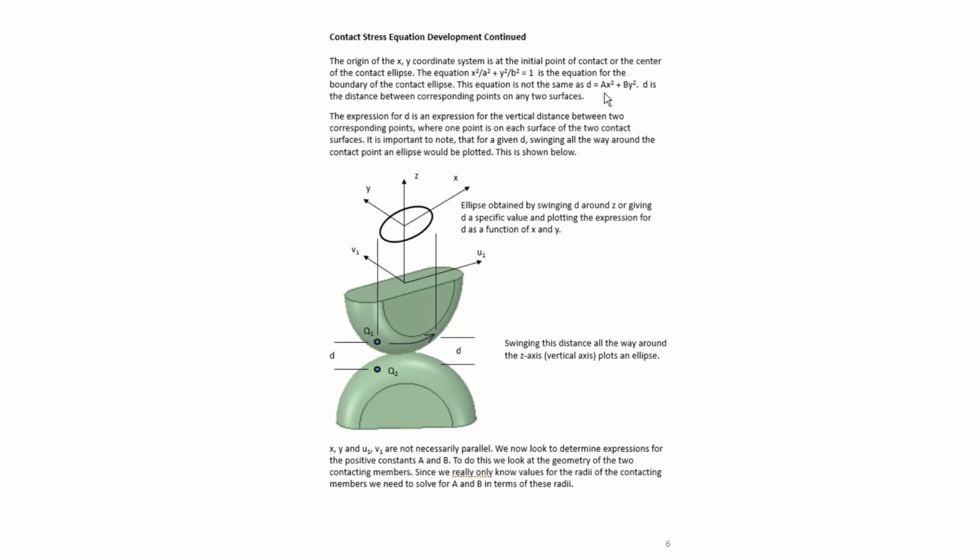Now, in order to determine expressions for A and B, we need to use the information that we know. And typically what you know in two impacting bodies or two connecting bodies are the radii and the geometry of the two bodies. So we want to solve for A and B in terms of radii of the connecting bodies.